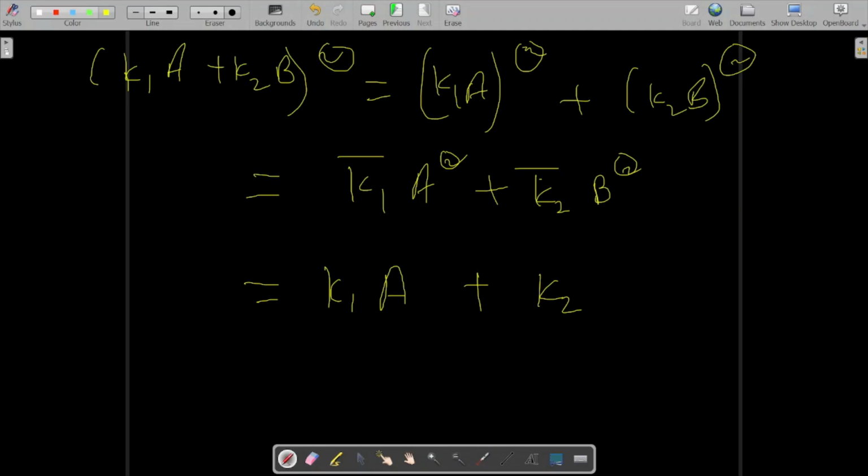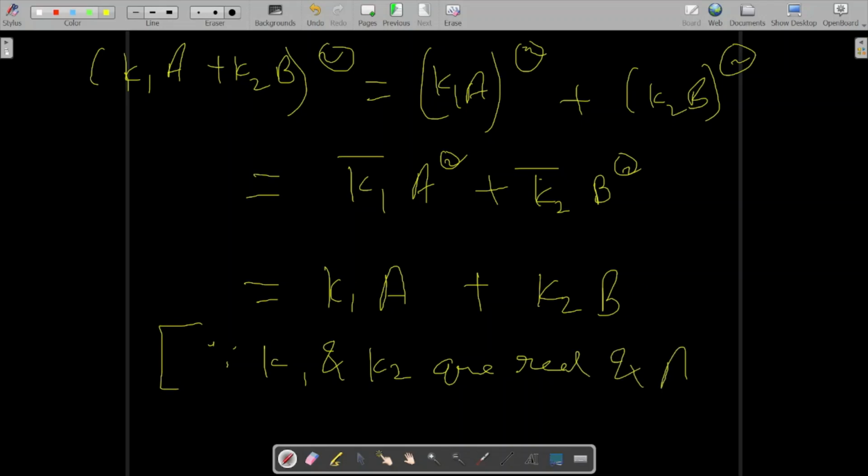And the transpose conjugate of B will be B. So K1 and K2 are real, and also A and B are Hermitian.